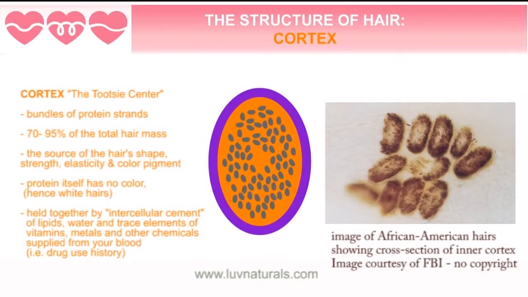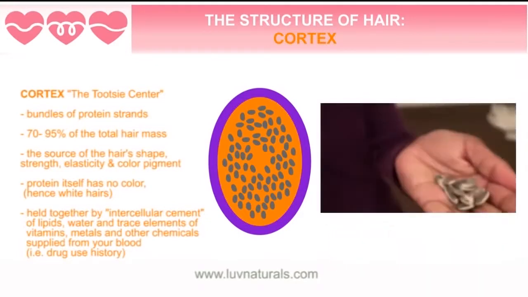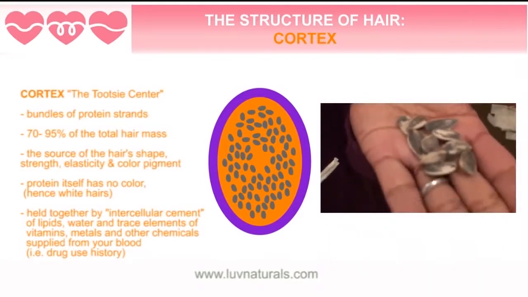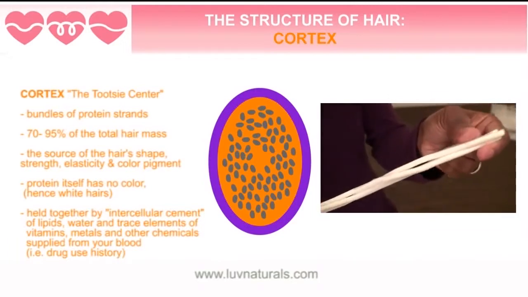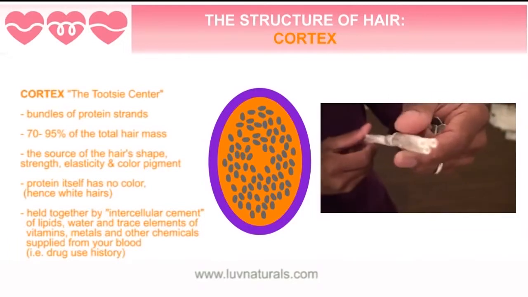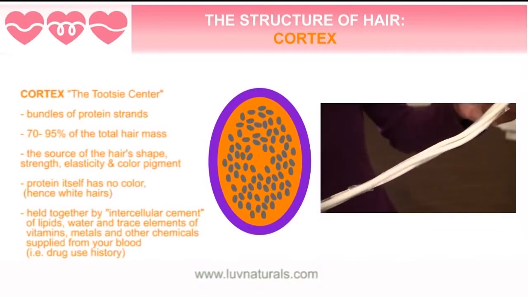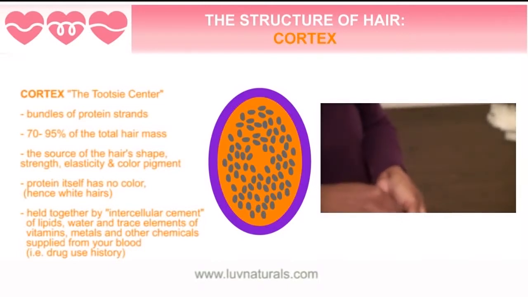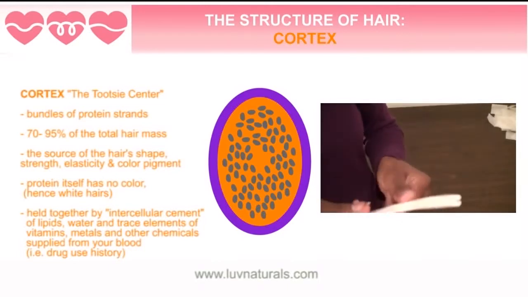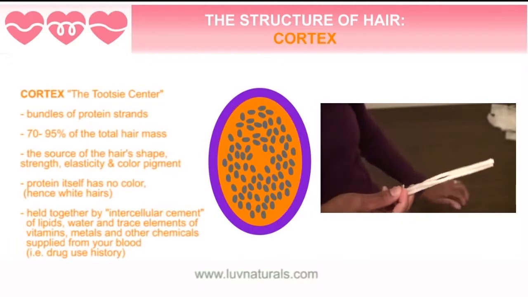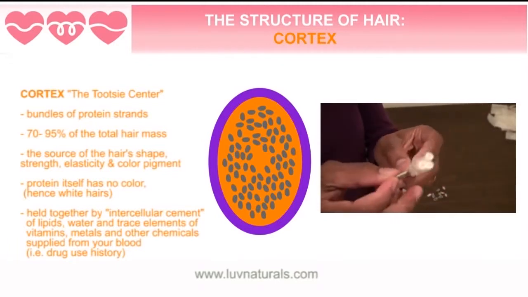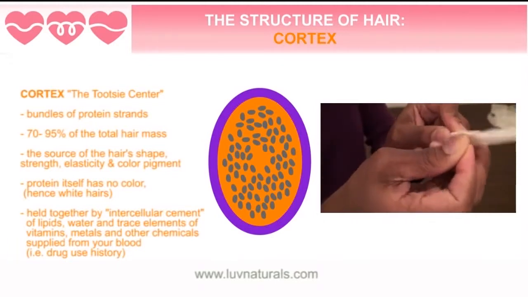In my demonstration, I used sunflower seeds to represent the melanin that is wedged in between your protein strands. Now, my model is out of scale. The granules of melanin are tinier and don't bulge out like this. But I wanted to give you a sense of how color, melanin, is distributed inside.